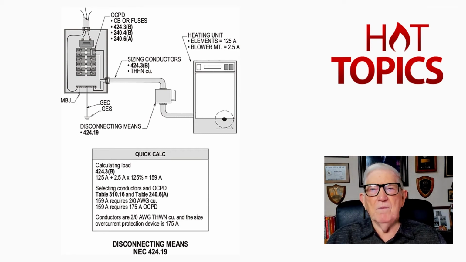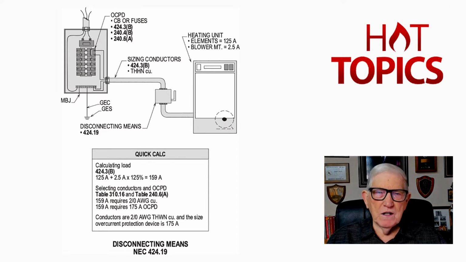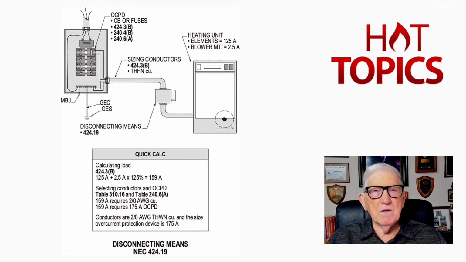That's correct. And so you would look at this overcurrent device at 175, and your load, connected load, is 175 and 2.5 for your blower motor. So you would look at 110.14(C)(1)(b), and you would be in the 75-degree column automatically.